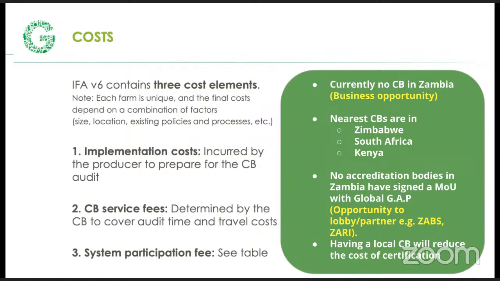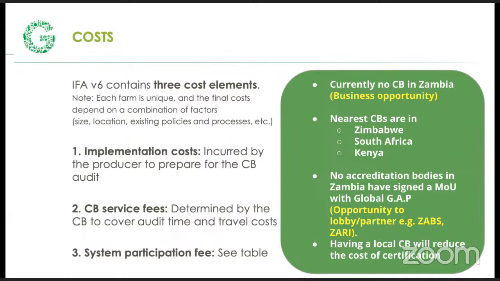And then thirdly, it's the system participation fee, and this is the one that you pay to Global Gap itself. They charge in euros, and it's dependent on the size of the land that you're producing on. So I'll show a table that highlights that.